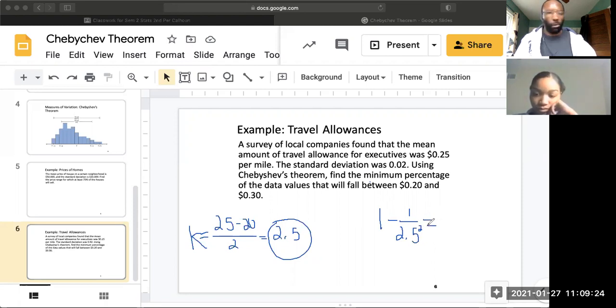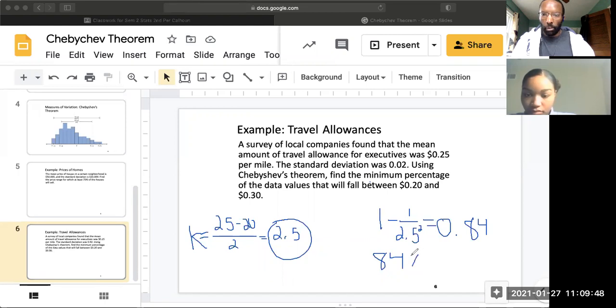I had to just use my good old fashioned calculator for this because I can't quite recall that off the top of my head. So that is 0.84 or 84%. So 84% of all the data values are between 20 and 30.